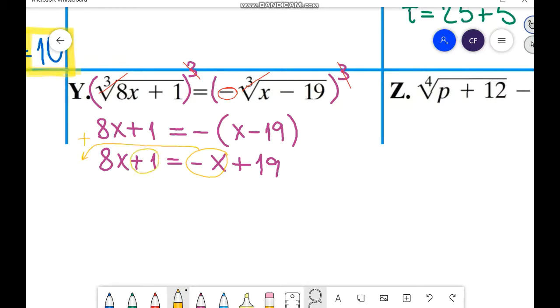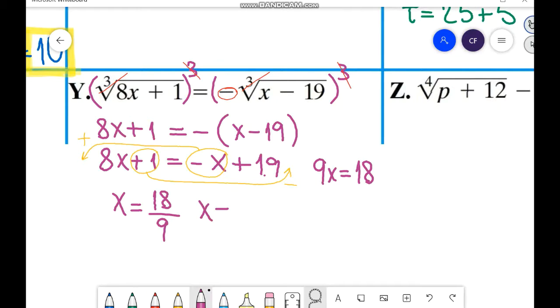Move this positive 1 to the other side, it becomes a negative, and then we will have 8x plus x, 9x, and 19 minus 1, 18. So x equals 18 divided by 9, x equals 2. 2 is the right answer.